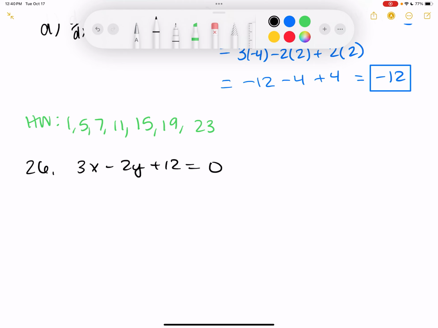This is kind of a dumb question because you can find the slope without calculus, but they want you to use calculus for it. So, anyways, negative 2y is equal to negative 3x minus 12, then divide by negative 2, so y is equal to 3 halves x plus 6.